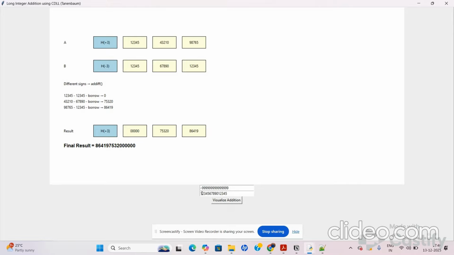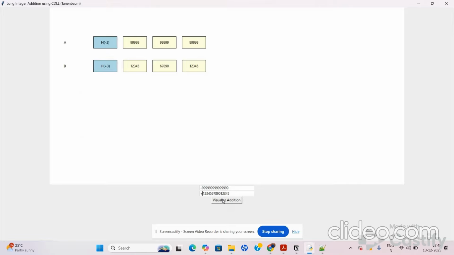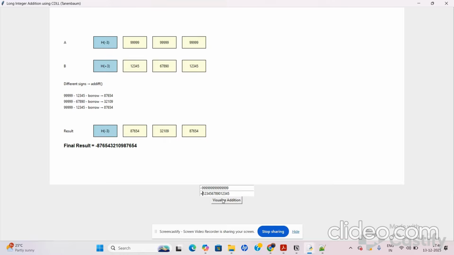In this case, what happens? The signs are different, and the subtraction happens, but the sign of the larger magnitude number is minus, so the final result will also have the minus sign.